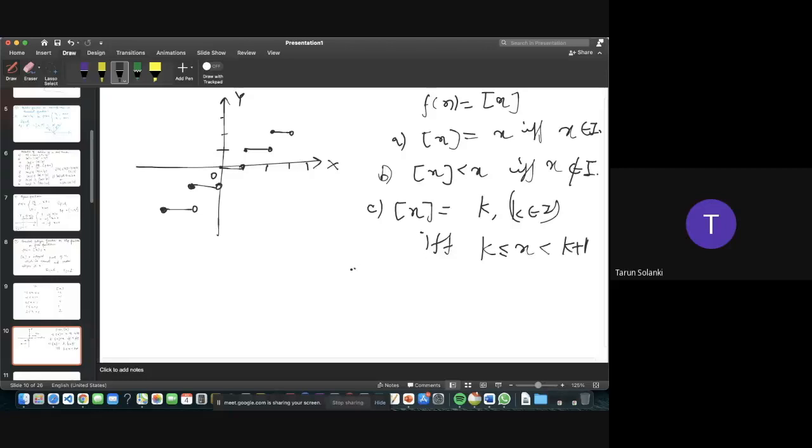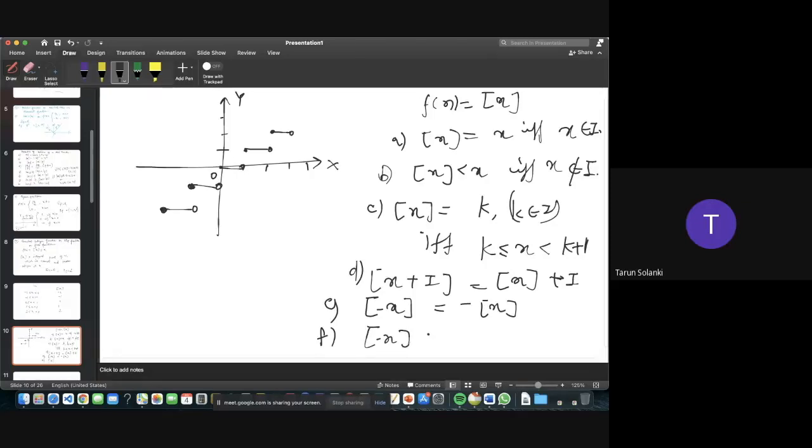Okay, next, [x + I] we can write as [x] + I if I is an integer, right? Next, we have [-x], which is written as -[x], right? And the last, we can write [-x] equal to -[x] - 1 if x does not belong to the integers.